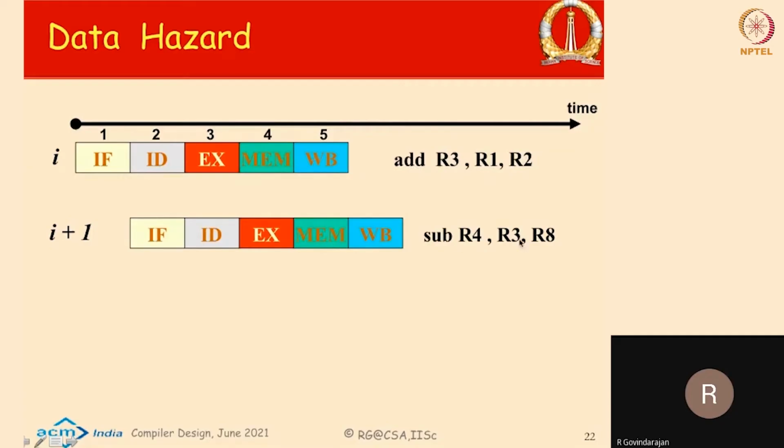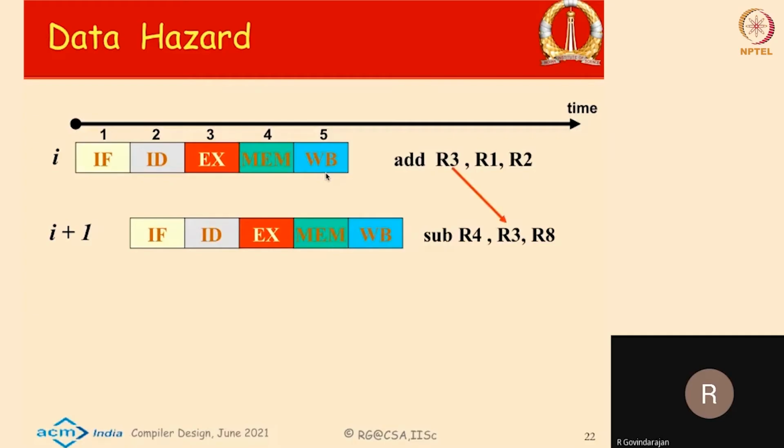But the second instruction is trying to read the value of R3 during the instruction decode phase, which is time step 3, whereas the value is going to be written into the register only in the write back stage of the first instruction, which is time step 5.